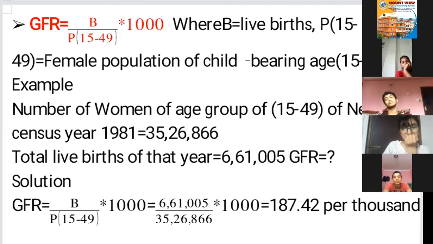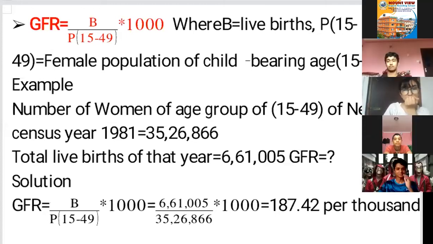You can see on the screen. And what is the number of women, the total population of childbearing age? In the example, the number of women of age group 15 to 49 of Nepal by the year 1981 is 35 lakh 26,866, multiplied by 1000 to calculate GFR.